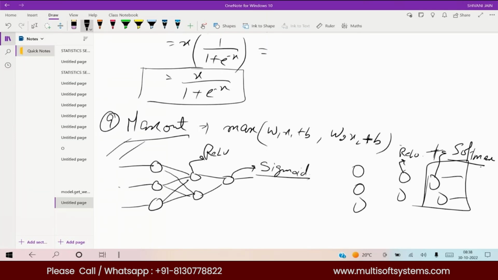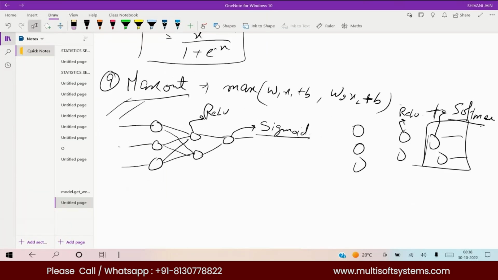ReLU plus softmax. And if you have a regression problem, with continuous values, there you can use the linear activation function. If this is your linear regression problem, you can use ReLU in the hidden layers and linear in the output layer.